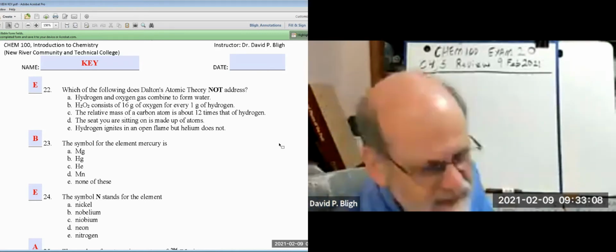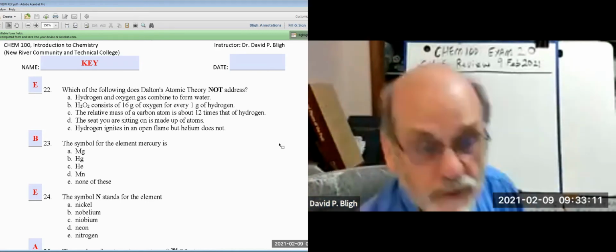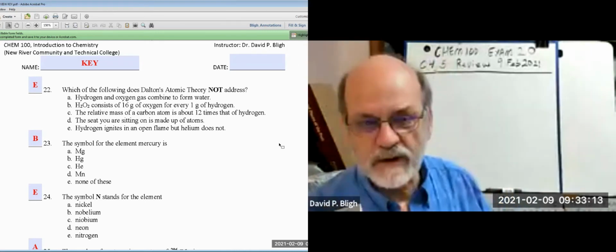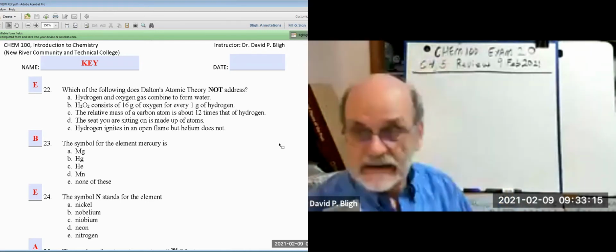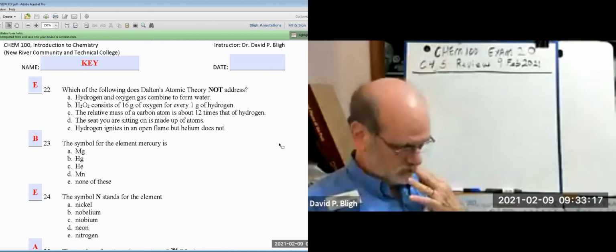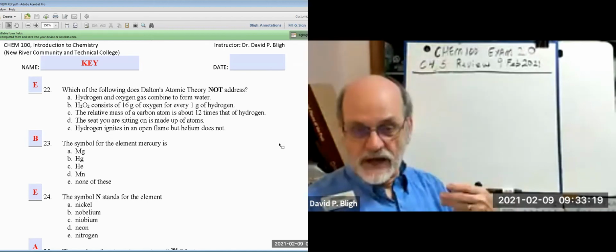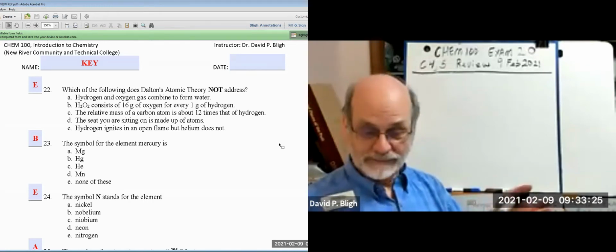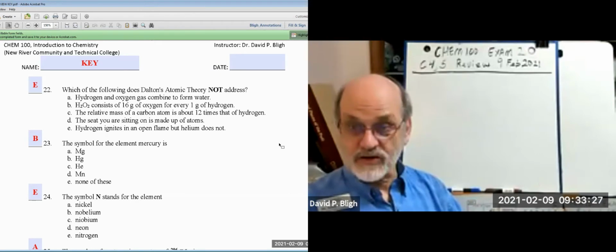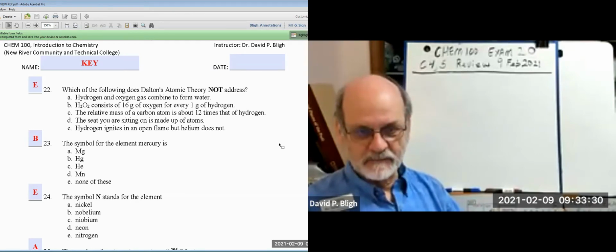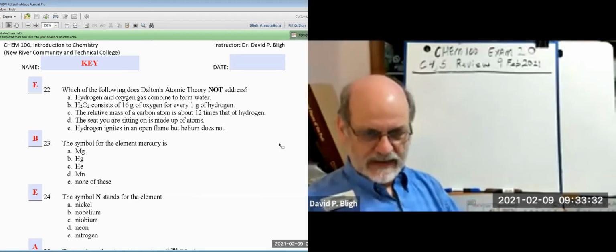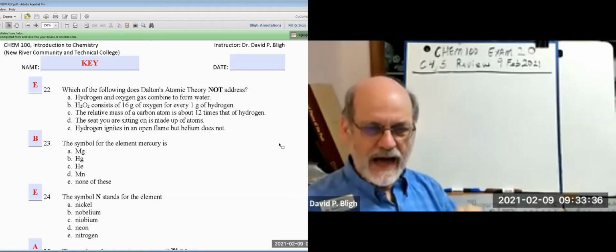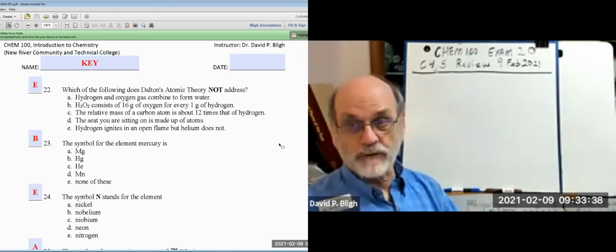Let's see. 23. The symbol for the element mercury. Right? That's one of those that doesn't follow from the English. I mean, mercury is not Me or Mr or My. Mercury is Hg. And I think the Latin word for Hg is hydrargyrum, water forming.